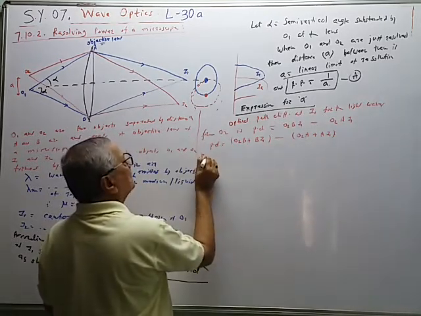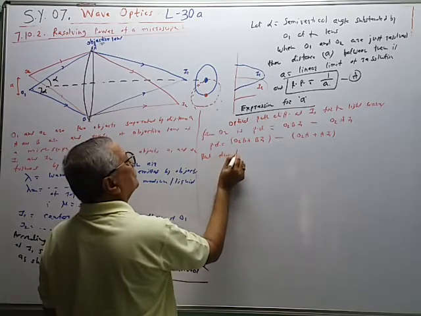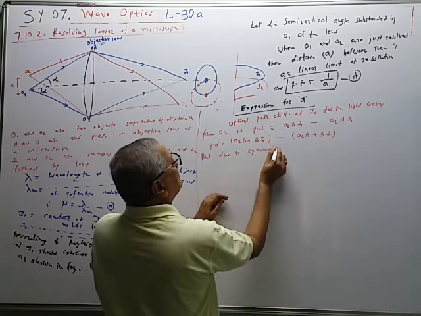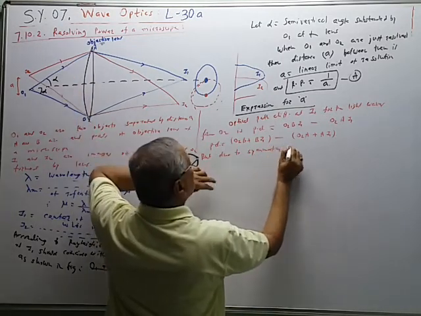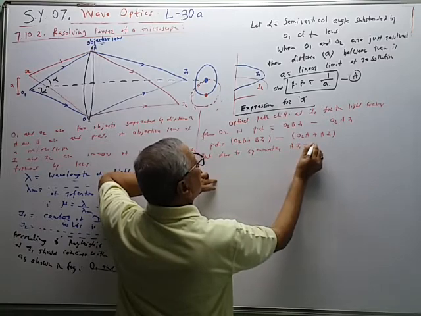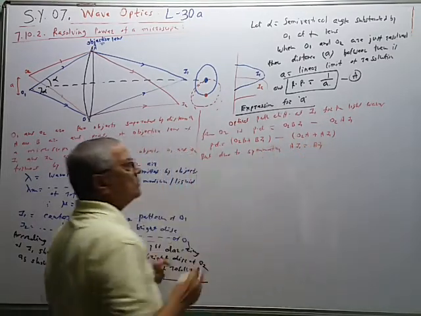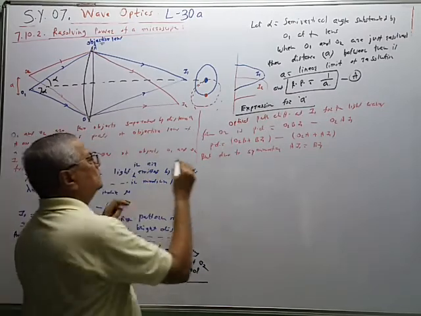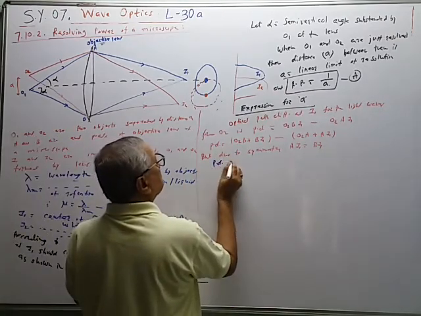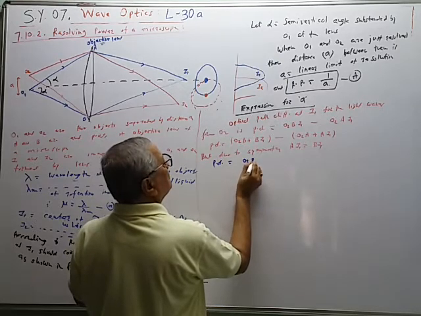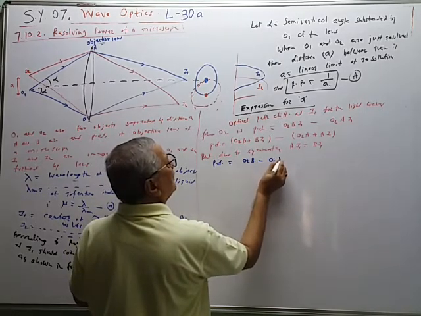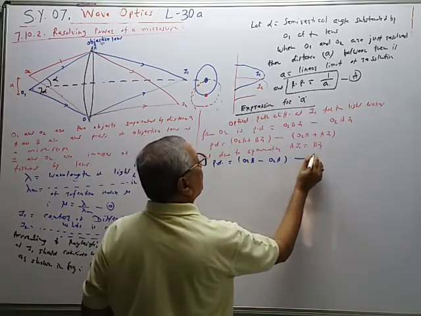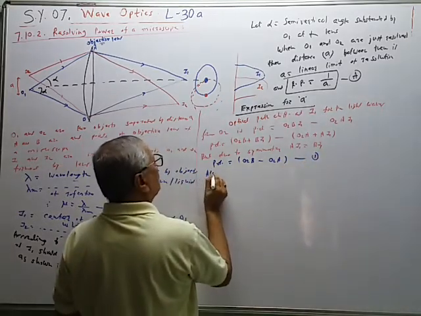But due to symmetry, see in the figure, this A I1 is equal to B I1, so A I1 and B I1 cancel, and therefore path difference is equal to O2 B minus O2 A. This is equation 1.